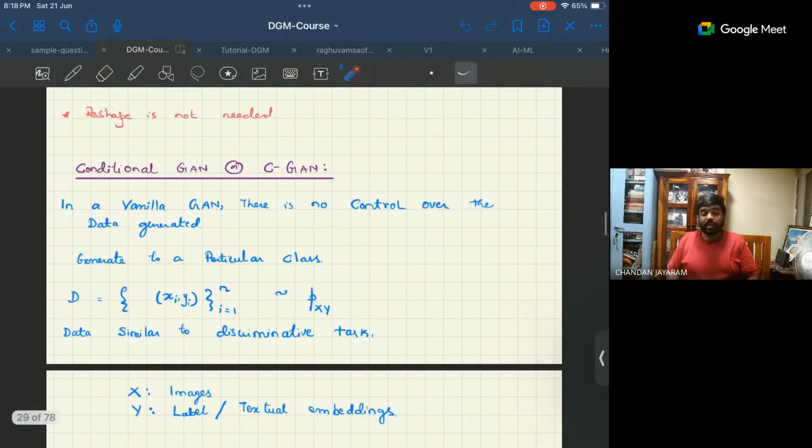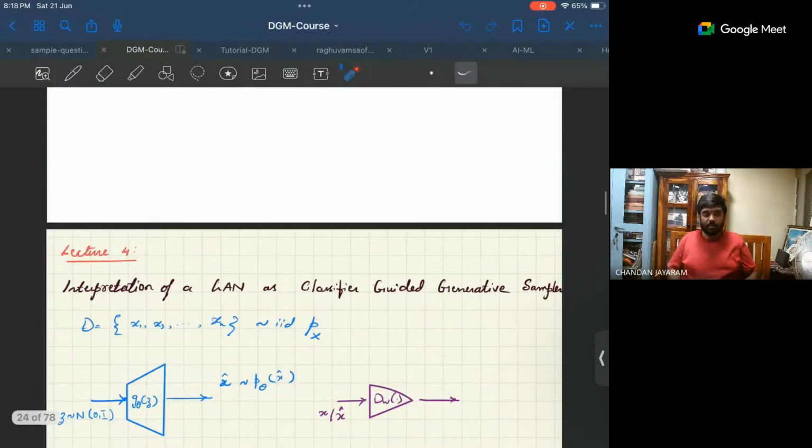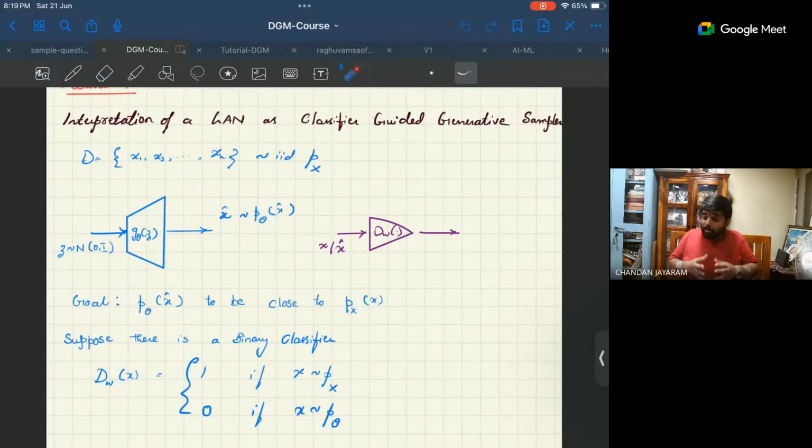Then comes the idea of conditional GAN. Why is this conditional GAN needed? Let's go back to vanilla GAN. If you look at the formulation, you don't have control over what category of images are getting generated.